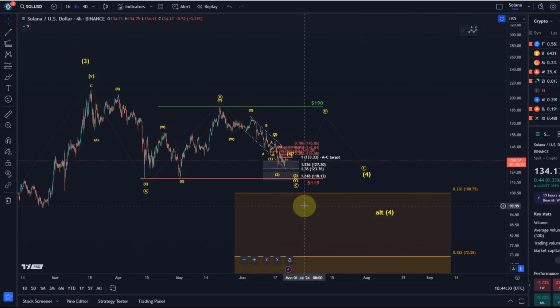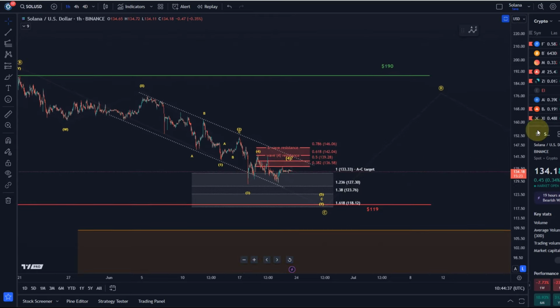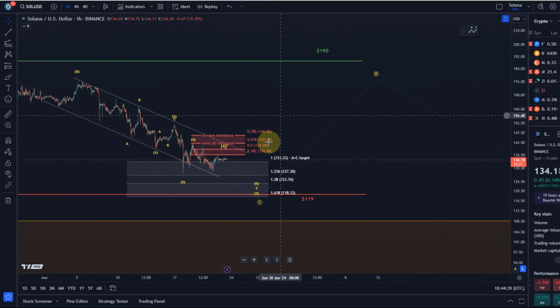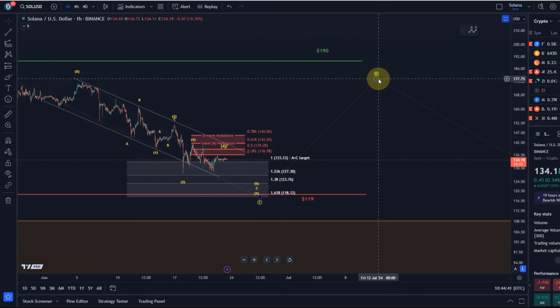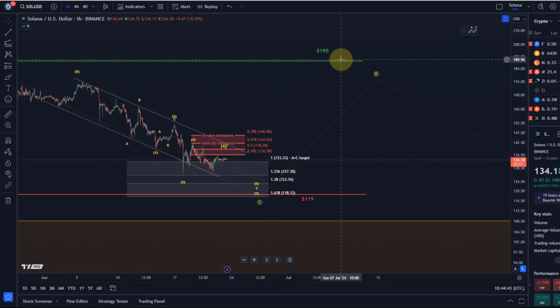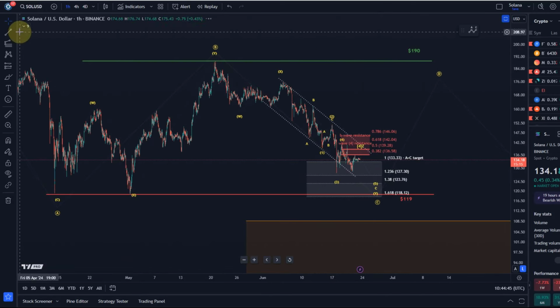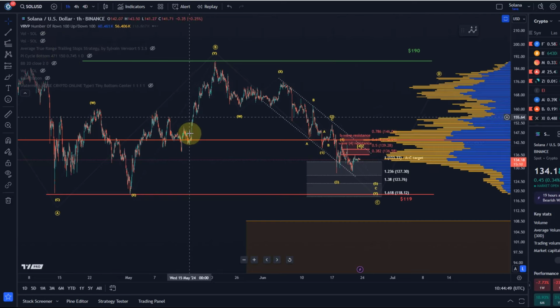In a triangle, we would see a reaction to the upside before breaking below $119. And then we should see a corrective rally in wave D, which should stay below 190. So we talk about the D wave of a triangle, which is corrective. If we add the VRVP volume profiles, there is an area of high volume here around 170 to maybe 178.